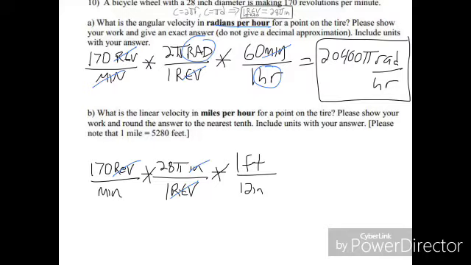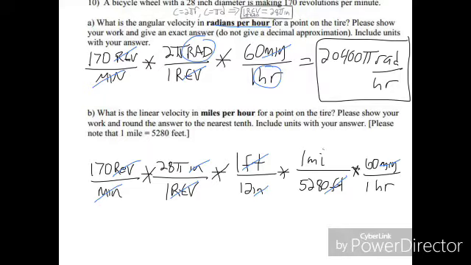We are now in feet per minute. Better. 5,280 feet, 1 mile. We are now in miles per minute. Finally, 60 minutes in 1 hour, and we are in miles per hour.